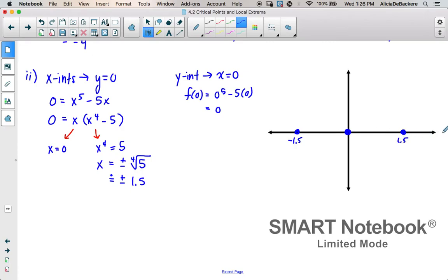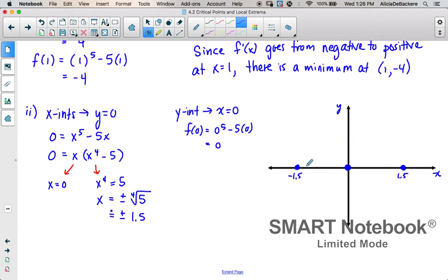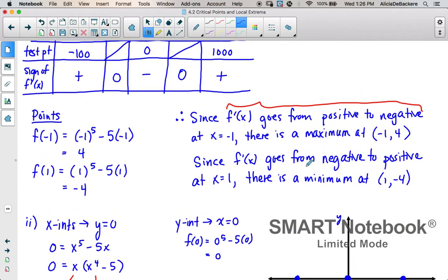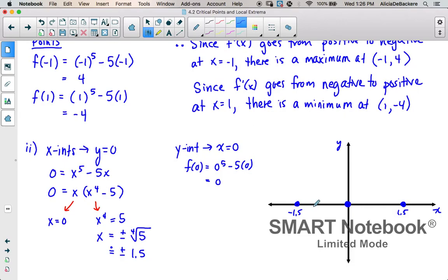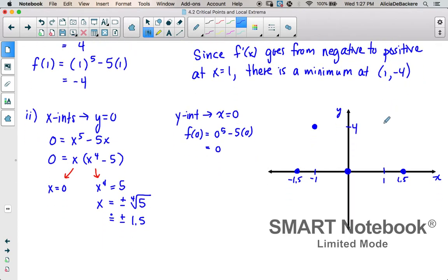I'm going to label my x and y axes, and I'm labeling all the relevant numbers. Eventually we'll put this all together on a grid later on in the chapter. The other thing I'm going to add now is I know that I have a maximum point at -1, 4. So I know that there's a maximum point here, and at 1, -4, there's a minimum.